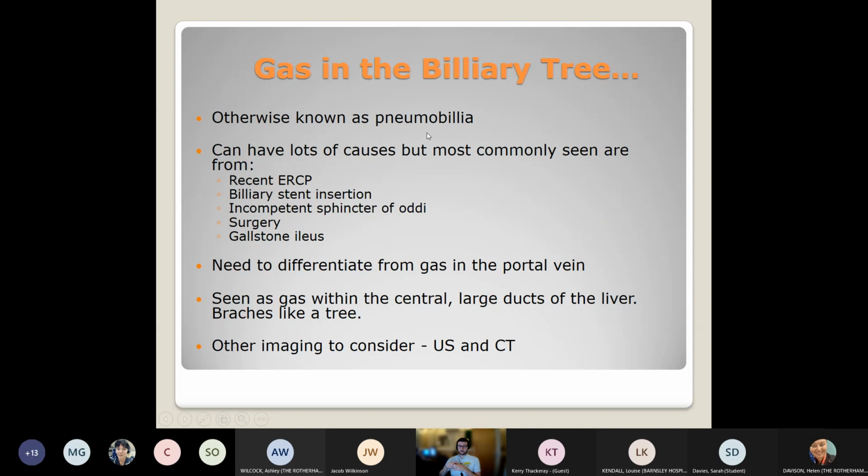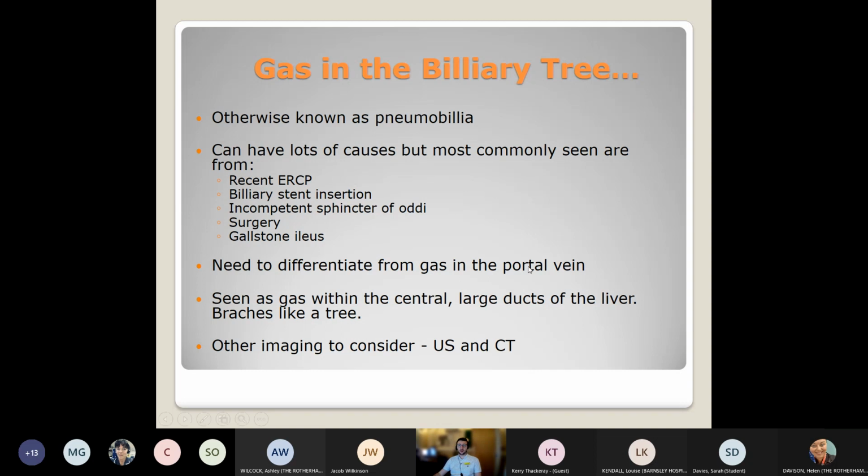The key here is to differentiate between gas in the biliary tree and gas in the portal vein. Gas in the biliary tree carries a much better prognosis than gas in the portal vein. Gas in the portal vein you'd normally see in really nasty things like infectious colitis, necrotizing enterocolitis.